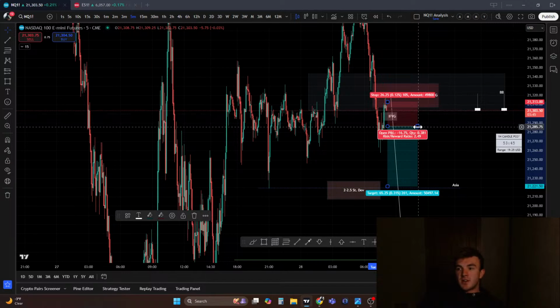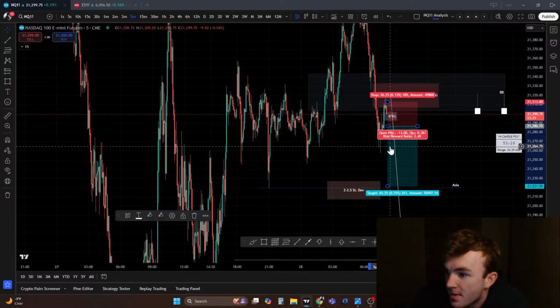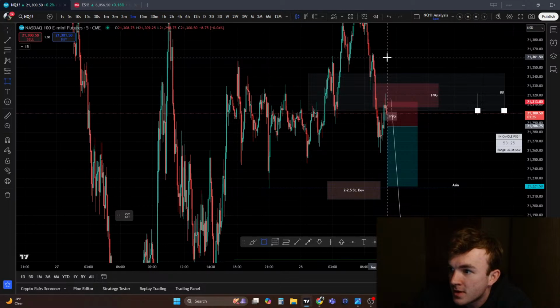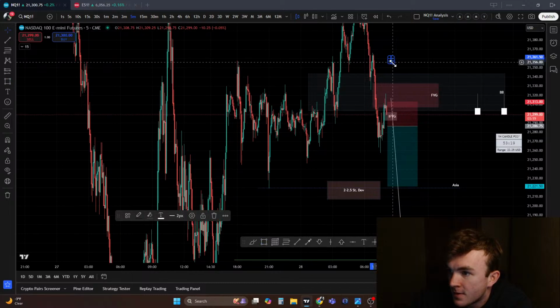Even though this looks good, following my rules in the long run is going to get me farther than taking a trade, even if I think it could be good. But I do think this is good because we're delivering from a breaker and fair value gap, going into the macro from 8:20 until 8:40.